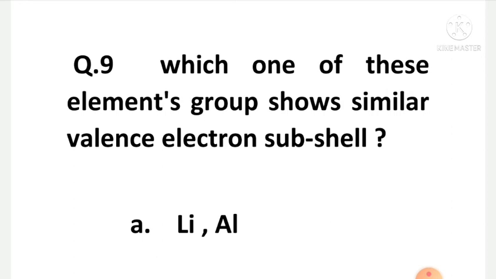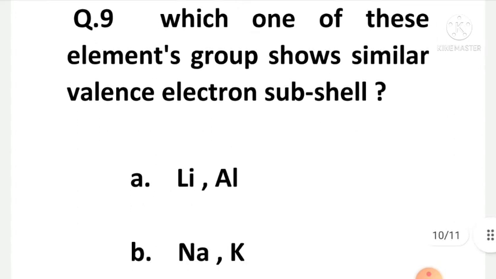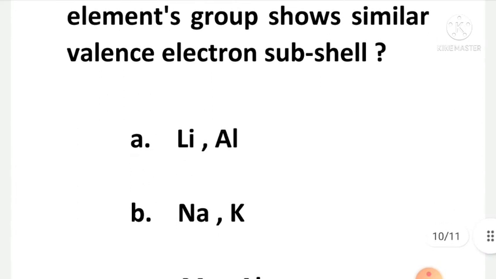We have to understand that one of these element groups shows similar valence electron subcell. So we have to write the electronic configuration and calculate the valence electrons in the outermost shell.